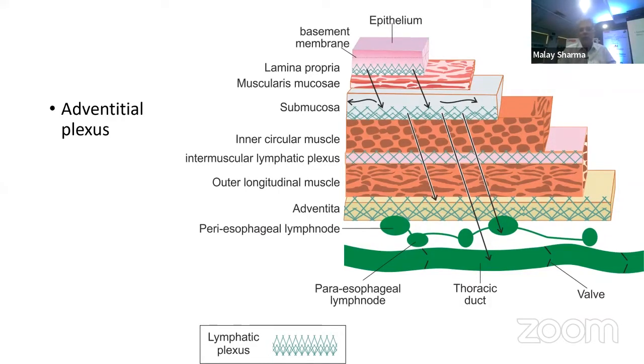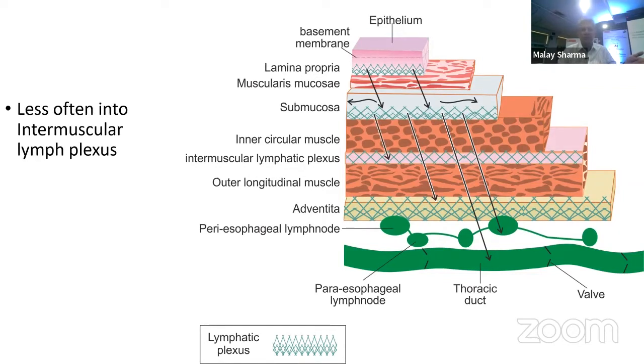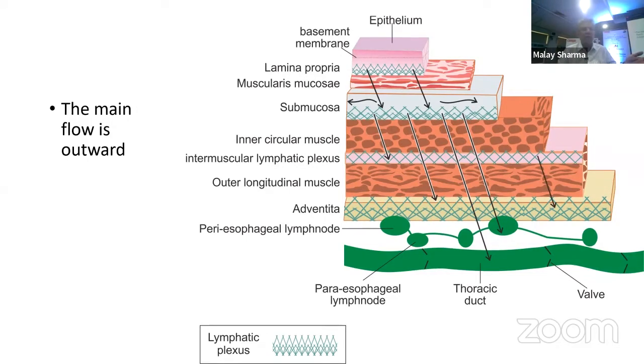From the submucosa, it can also go into the adventitial plexus, which lies outside the muscularis propria. Less often, the lymphatic drainage goes into the intermuscular lymphatic plexus.